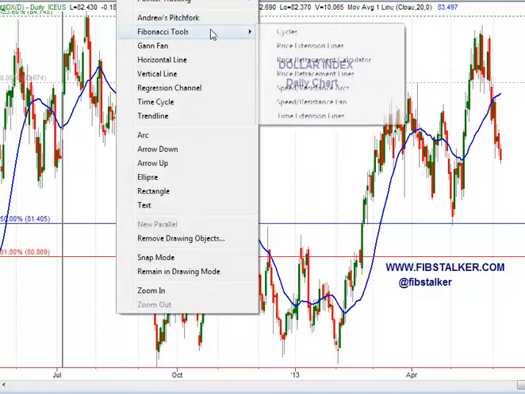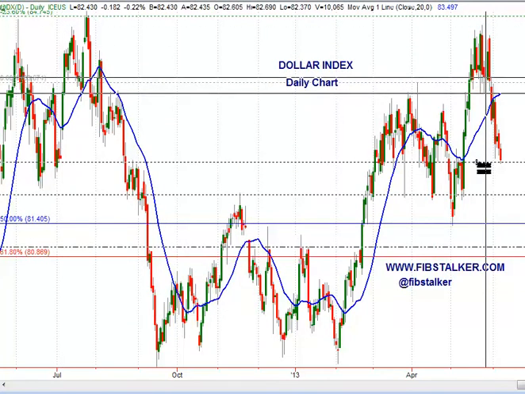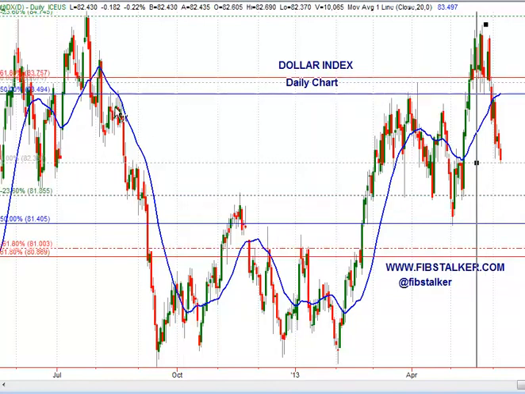And now what could happen is that we get a retracement here, very similarly to what happened last year at the beginning of August, and the 20-day moving average may or may not act as a resistance for this move, but eventually this should resolve in a continued move lower.